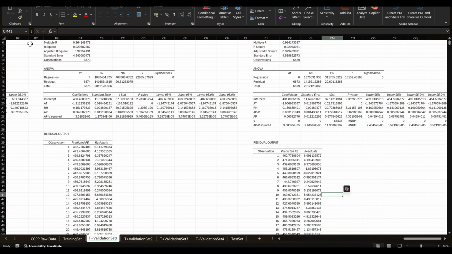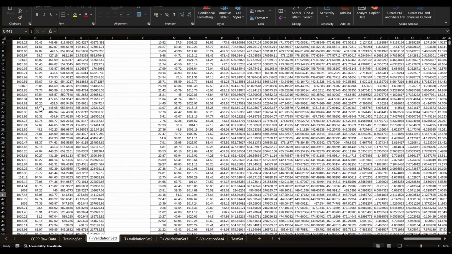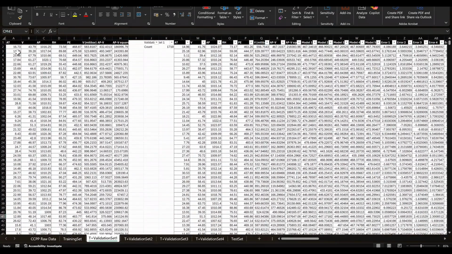And further, we have subdivided this whole data set, for each of the iterations of our four-stage cross validation, into three parts of training data, which is 6,879 observations, and one part of validation data, which is 1,719 data points.